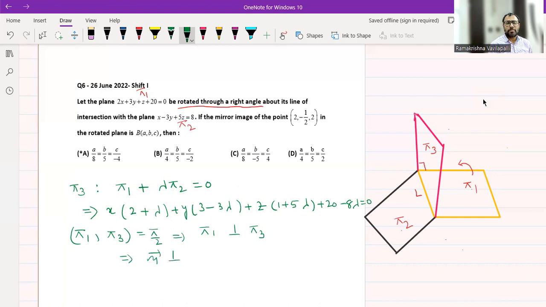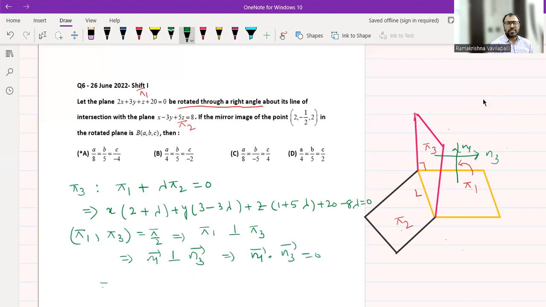So N1 is perpendicular to N3. This is the normal N3, this is the normal N1. So this implies N1 bar dot N3 bar equal to 0.